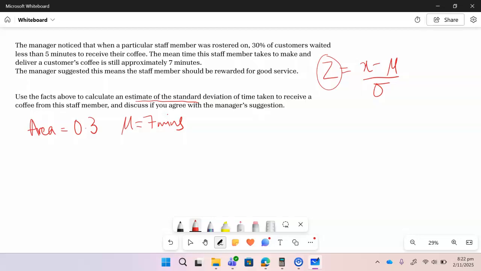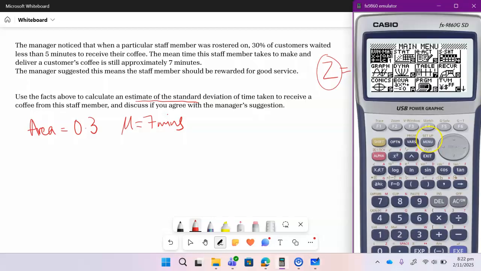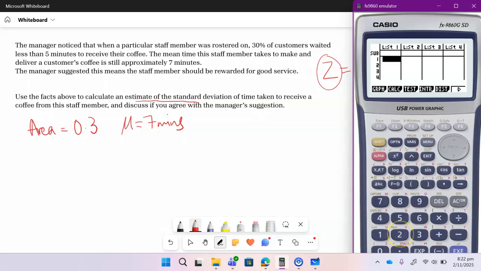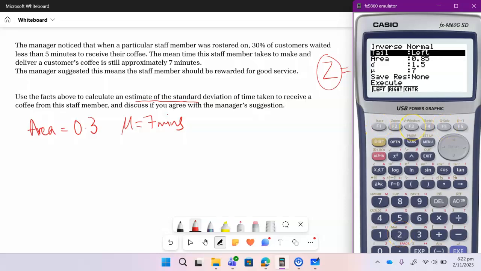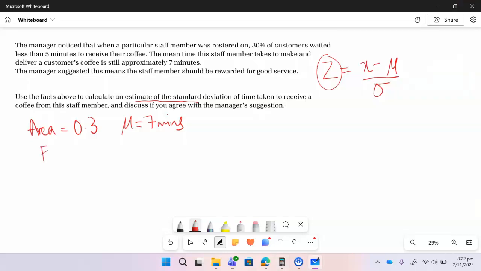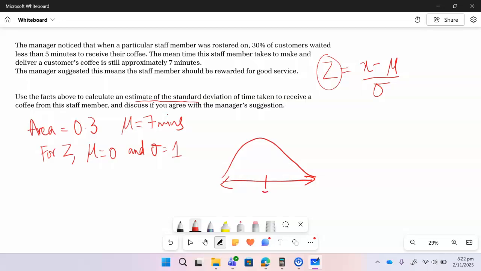Now for inverse normal, there are a couple of things that we need. That is the tail area, which we already know. But for calculating the z-score, we need to enter the mean as 0 and the standard deviation as 1. If we sketch a curve, the mean is still 7.